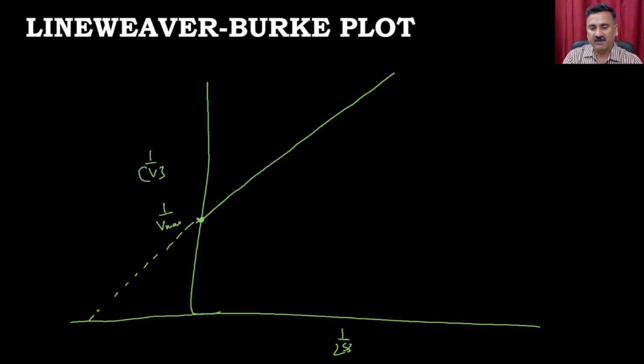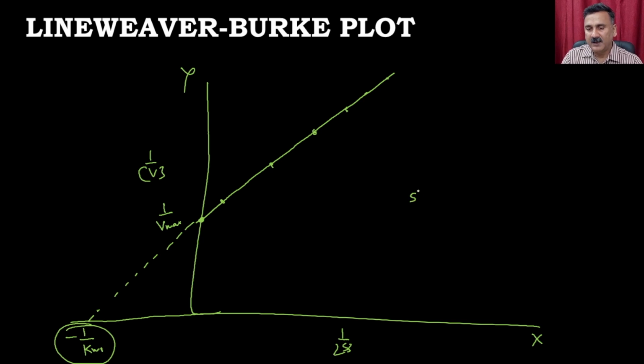If you have different conditions of the substrate, you will have these values, and when you extrapolate this curve, it hits the x-axis. So x-axis, this is the y-axis, and this is the value you get, minus 1 by Km, okay? If you take this value, you can calculate the Km values.